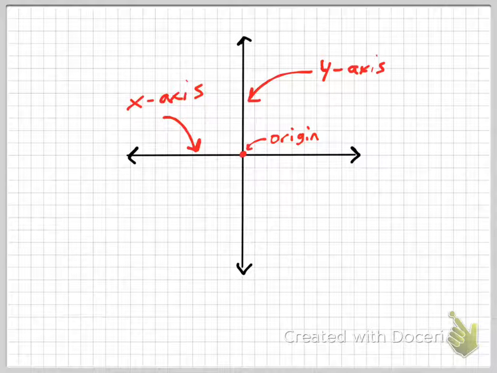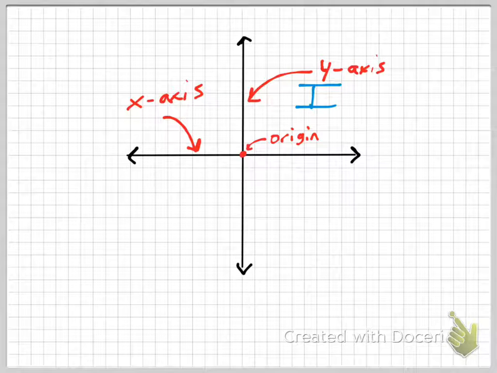Are you following me so far? Okay. Now, once you understand that the horizontal line is the x-axis, the vertical line is the y-axis, and where the two meet is the origin, here's a few things you need to know. This right here is quadrant 1. What does the word quad mean?